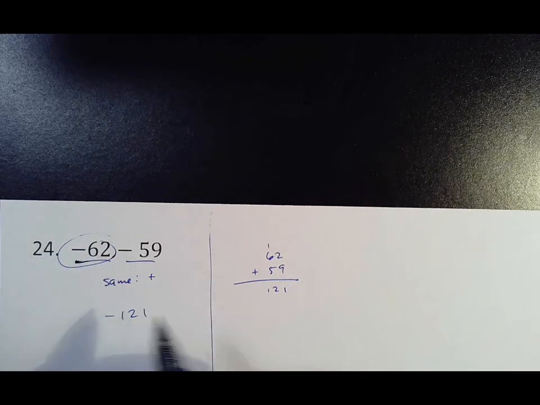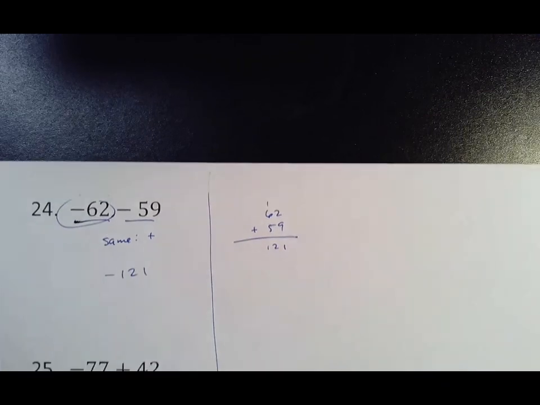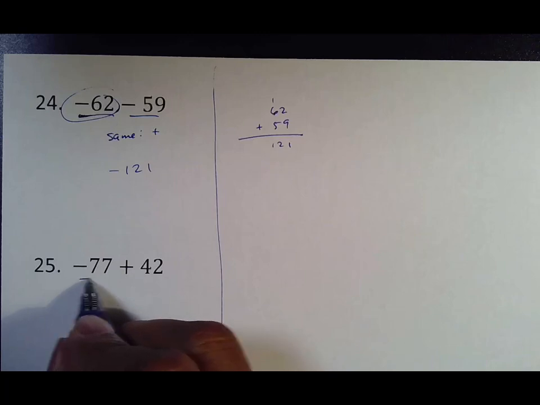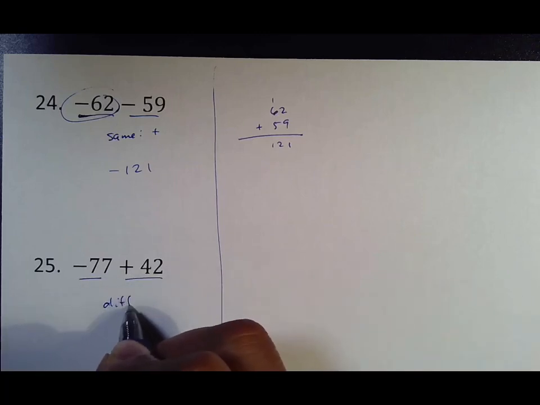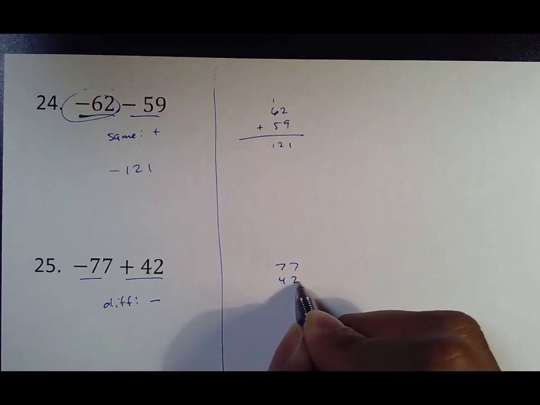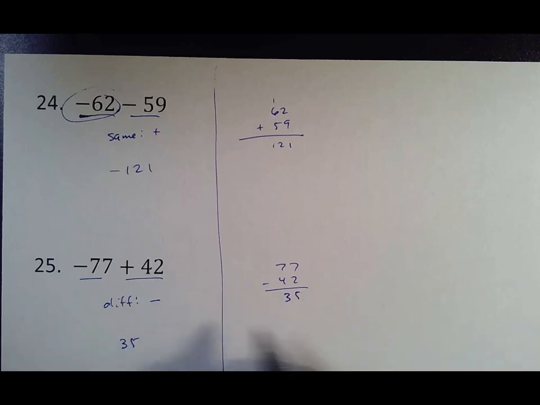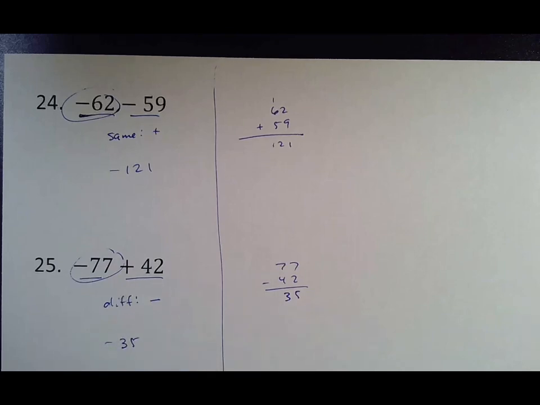Bigger number gets the sign. And then the last one. Different means subtract. Set it up. There's your number. And in the end, there's your sign.